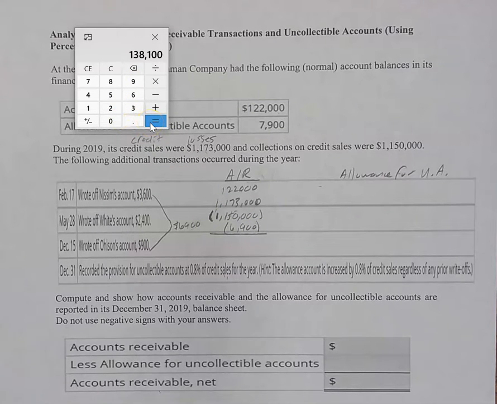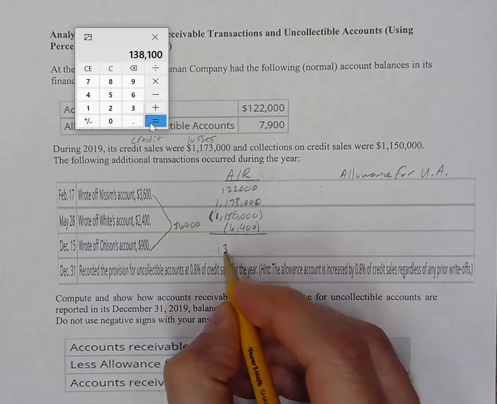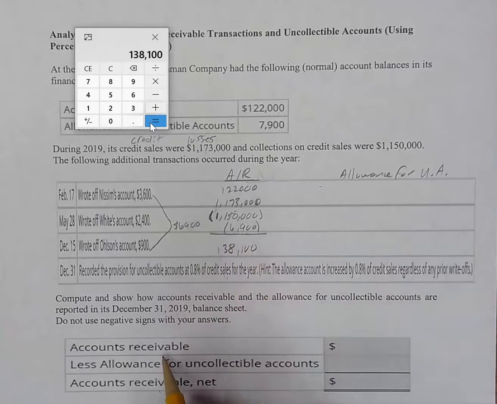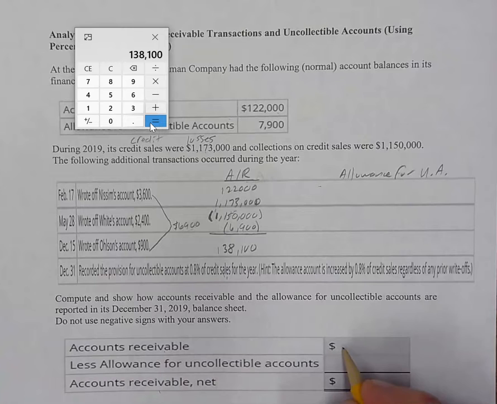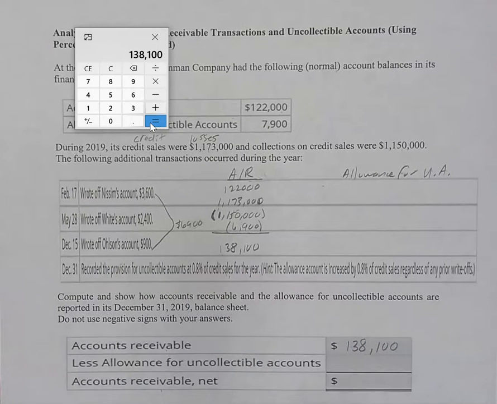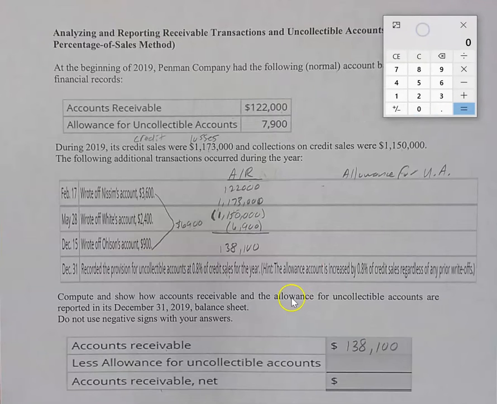So we have a value of $138,100, and we can go ahead and plot that figure right here, $138,100, and this is our gross accounts receivable amount over on the balance sheet for the next year.